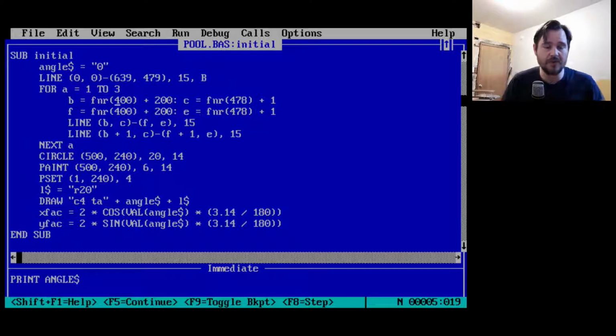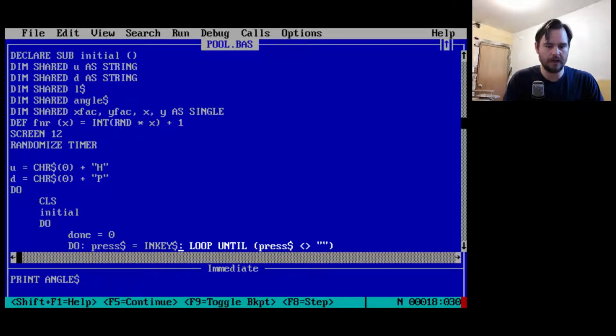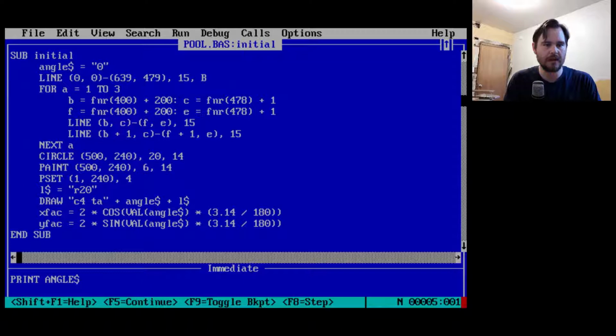We're just making sure there's a 200 pixel buffer on the left side, so that when you shoot something, you have space in front of your pool cue. Okay, that's fine. And then we're going to draw a line.